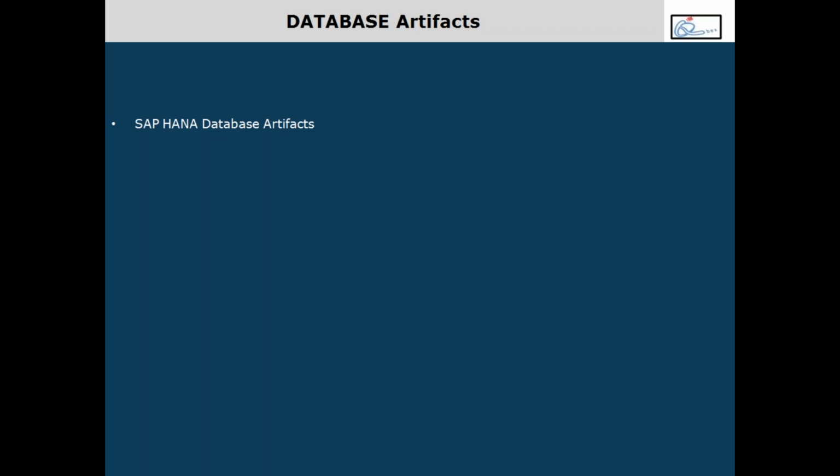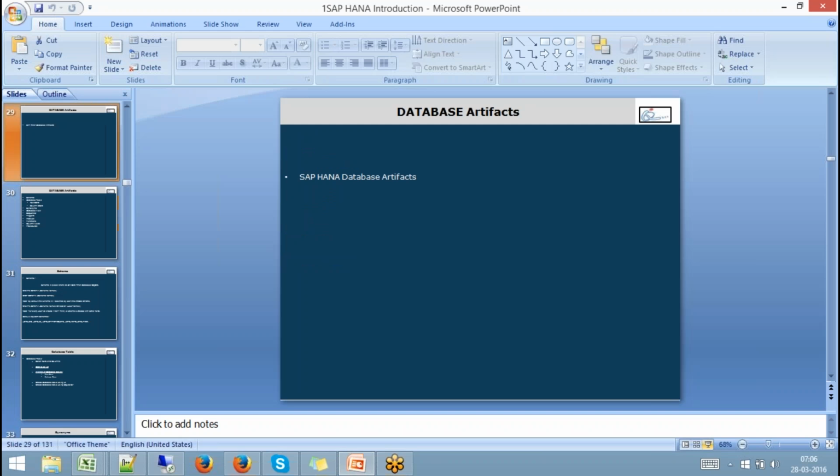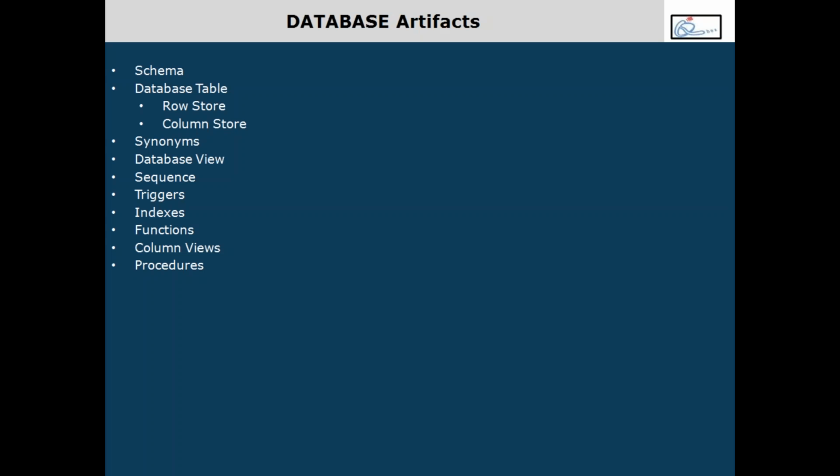Okay. So now we're going to focus on the database first. Okay. So basically, when you say database, you're going to deal with all the database artifacts like schema, tables, synonyms, database views, triggers, all this stuff.